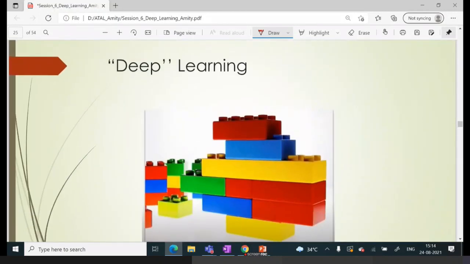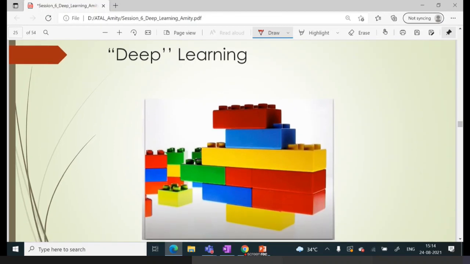So now the next question is why it is called deep learning, right? Why this particular word deep? The idea is that whichever modules we are going to consider in deep learning, we are going to stack them up one above another, like that. Now we are at the top, let's say you are standing here and looking down, and then you will say it's deep learning.